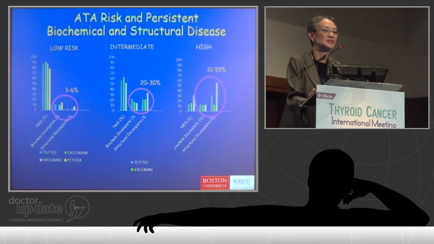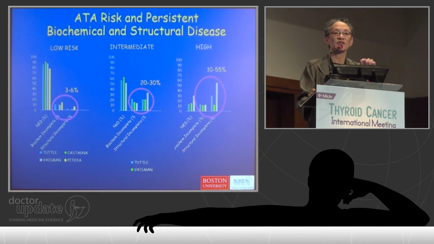So most of the patients in ATA risk 1, the 13% who have persistent disease, are the people with biochemical disease, not structural disease. As you go to the ATA intermediate, it almost becomes equal: the people with biochemical-only evidence of disease, and the people with actual structural evidence of disease. And then obviously when you get to the high risk, the number of people with structural disease outweighs the number with biochemical.